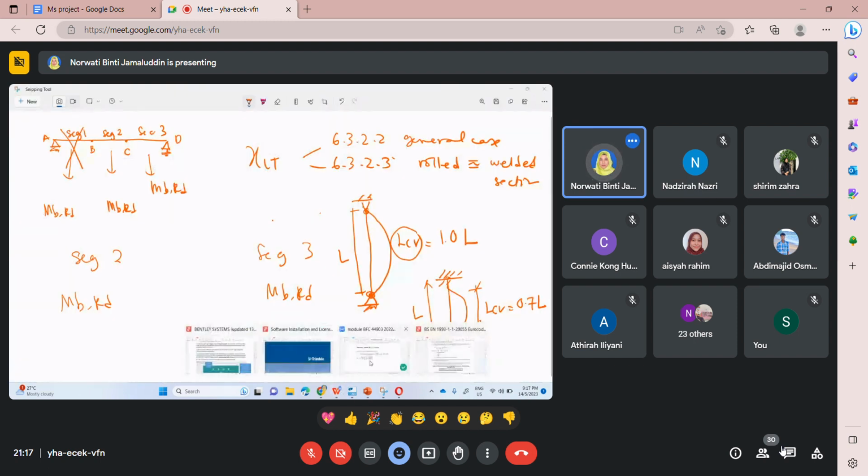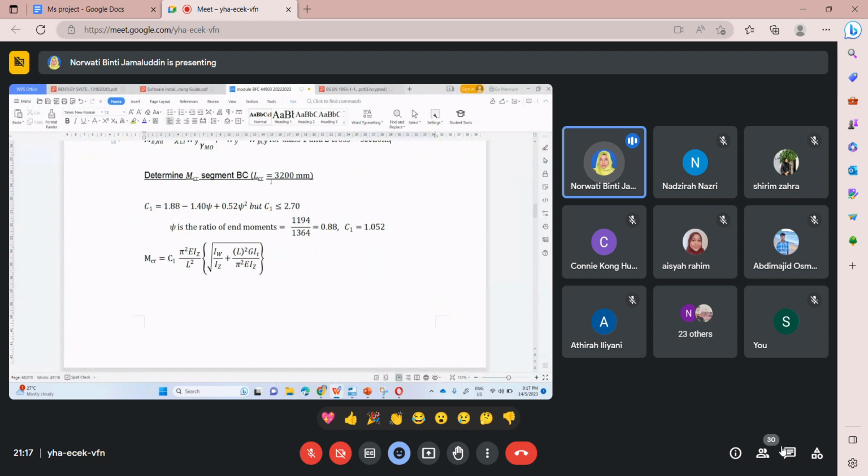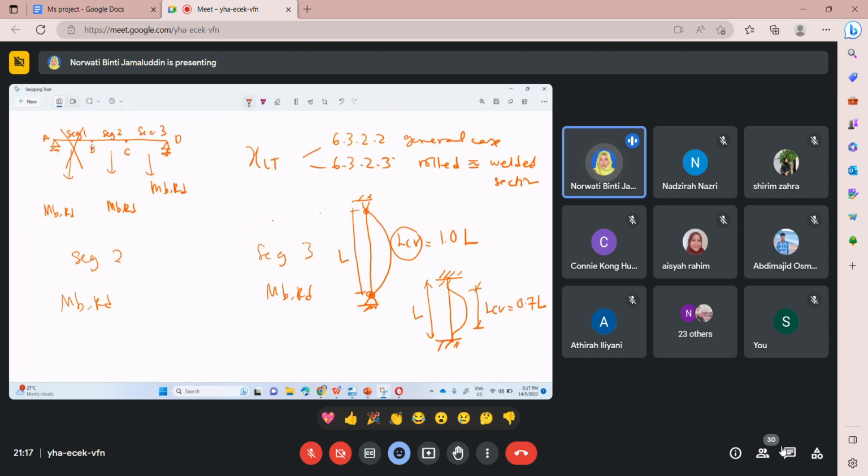So here, LCR for segment BC, because this is pin to pin, is 1.0 L, which means 1.0 times the L from restraint to restraint, 3.2 meter.